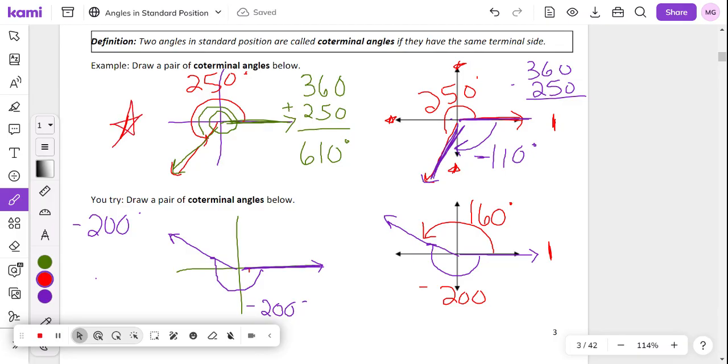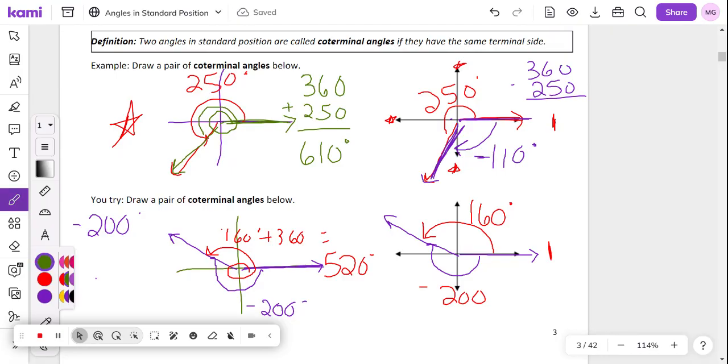We can go this way, positive 360, and then land there. We know this is a 160-degree angle, plus we did a full rotation. So 360 plus 160 is a 520-degree angle.